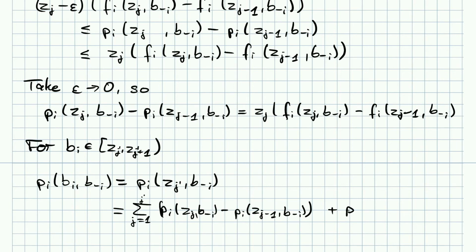So let's add this again. So this will be the term for z0. But this we assumed is 0, and for these we just get the exact formula that we derived there.